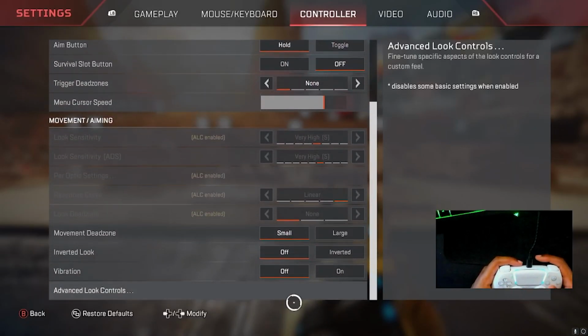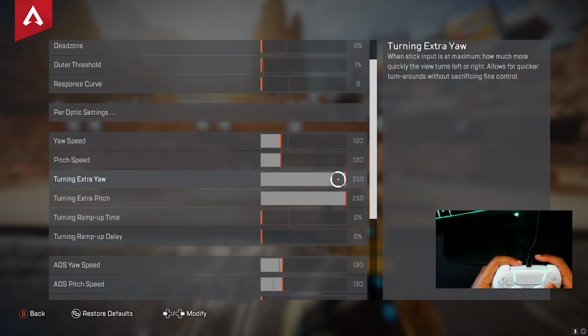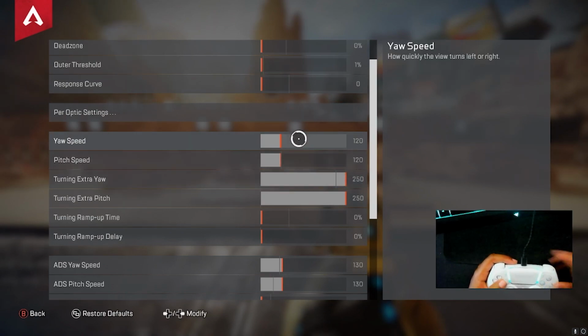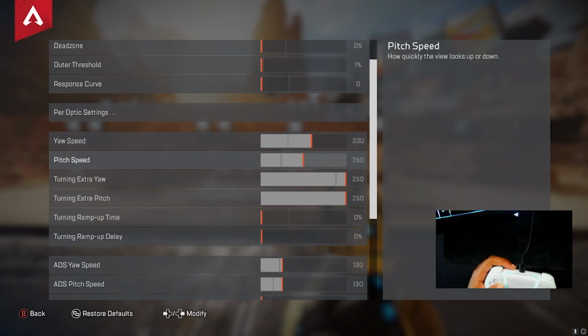Now, the second thing I'll have to be mindful of, I would be very careful with my yaw and pitch, because, as I stated, the extra yaw and pitch will kick in not only when you're at your maximum stick input, but also when there are no enemies within your crosshair vicinity.